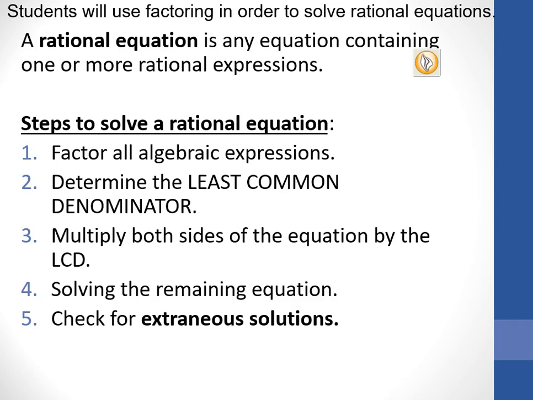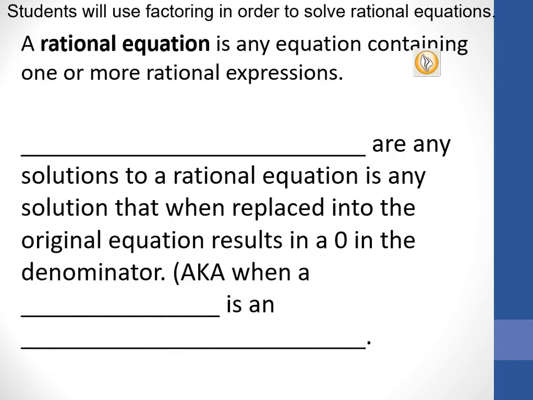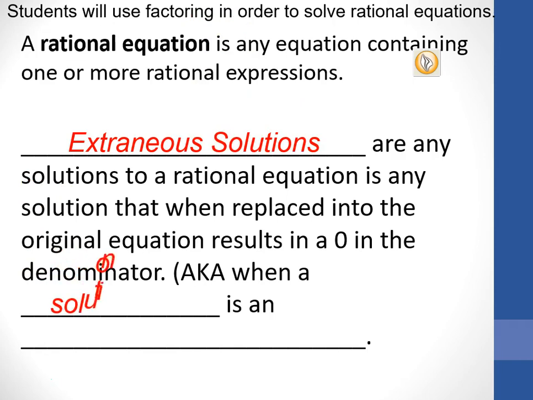Extraneous is a kind of fun word to say. Reminds me of asymptotes, so we don't want to have extraneous asymptotes. So let me just pause here. Well, actually, let's define extraneous roots. Extraneous solutions are any solutions to a rational equation that, when placed into the original equation, result in a 0 in the denominator.